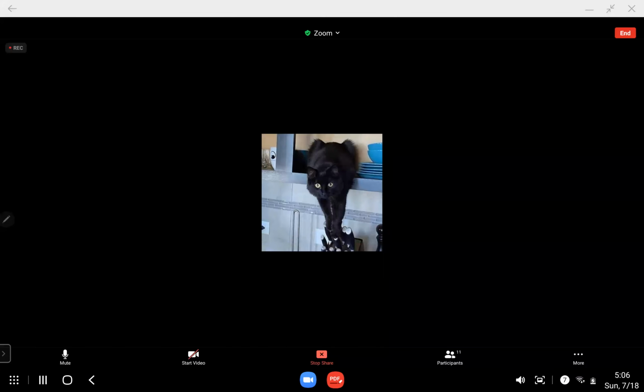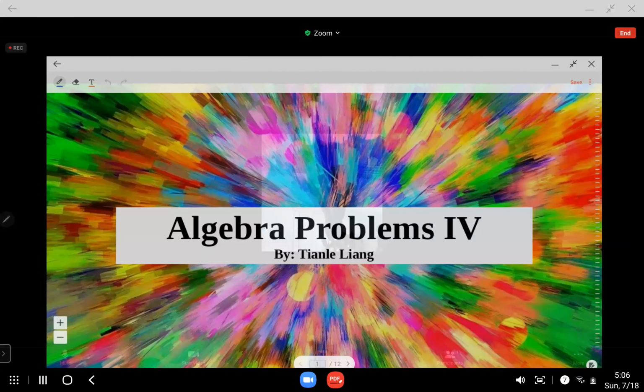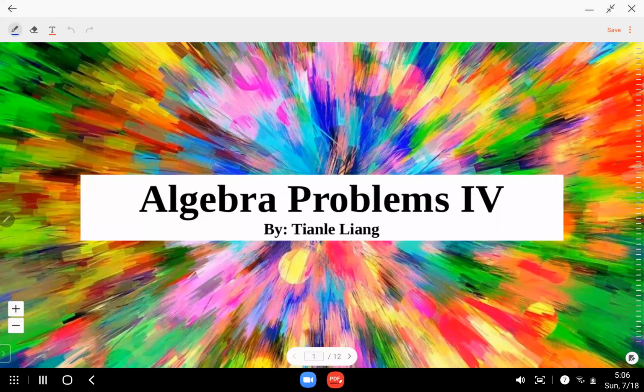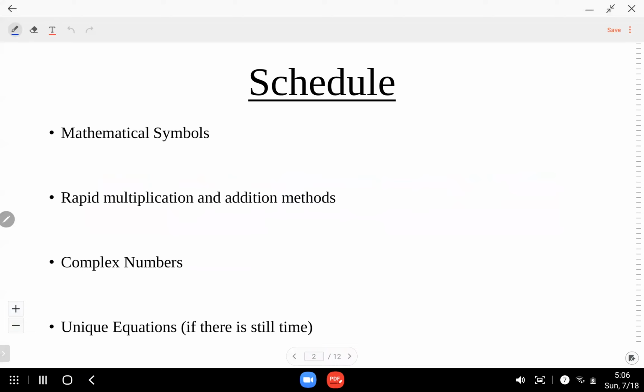So, algebra problems 4. Very boring indeed. So our schedule. Very packed schedule there. Mathematical symbols, because we all need a little bit more of that. Rapid multiplication and addition methods, because you're too slow.